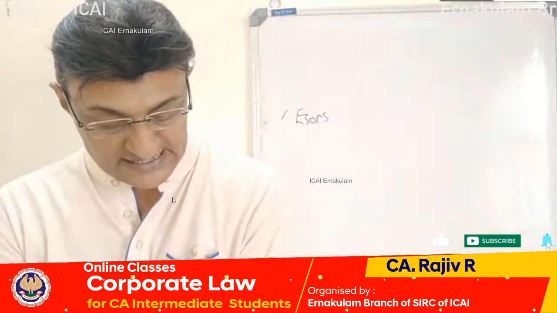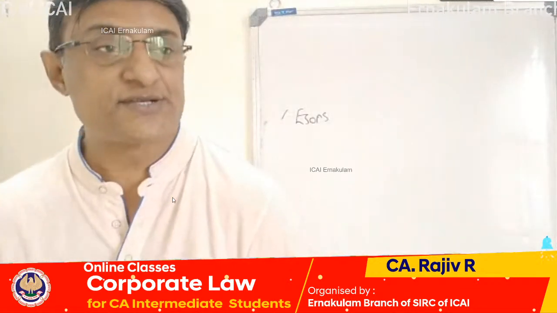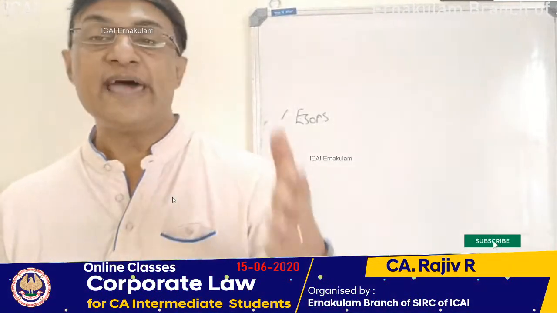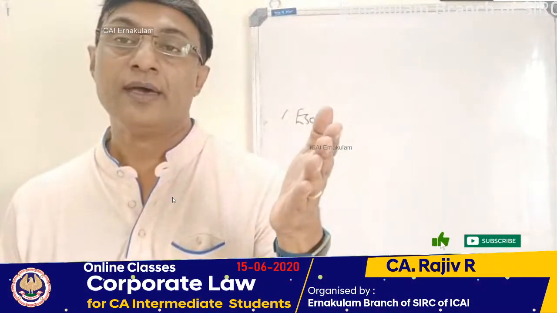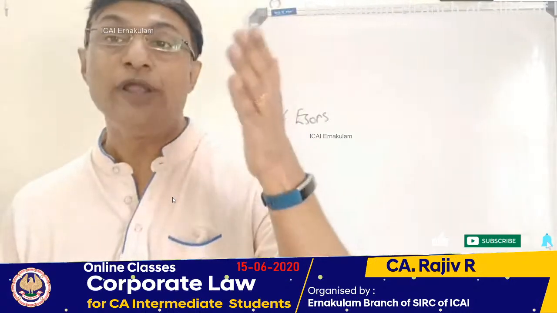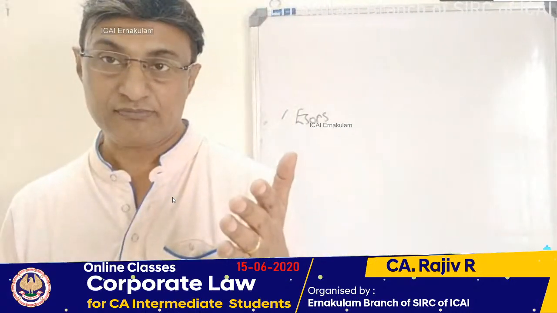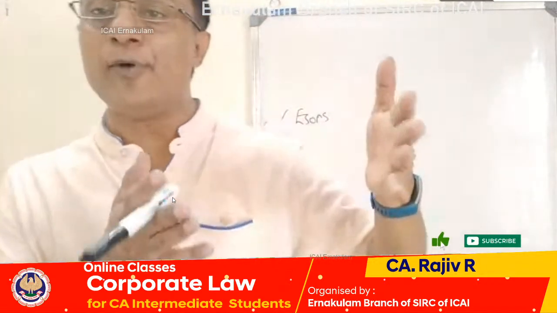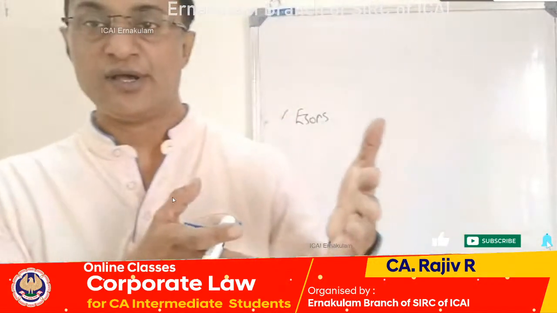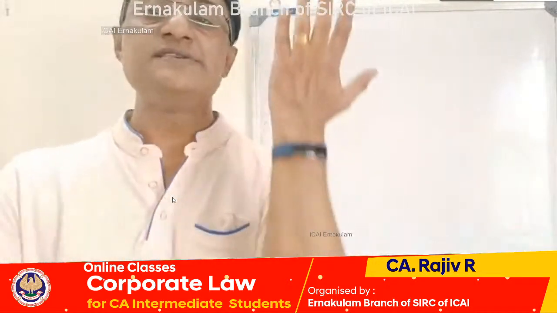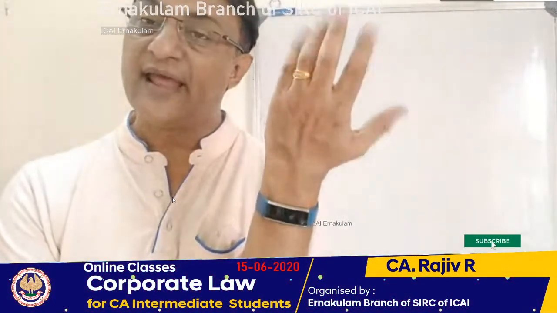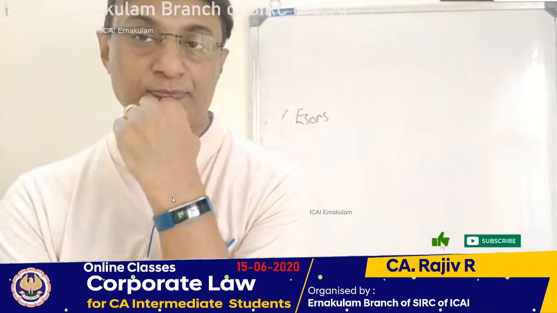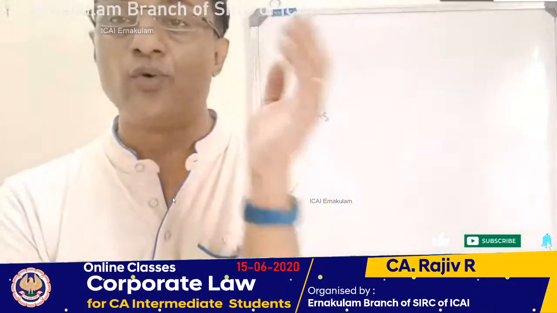Now it is a fact that there is a divorce in the shareholding pattern of a company or the running of a company. I have one population called shareholders who come to the company only once in a year, and even their attendance is pretty thin, and we call them the shareholders.